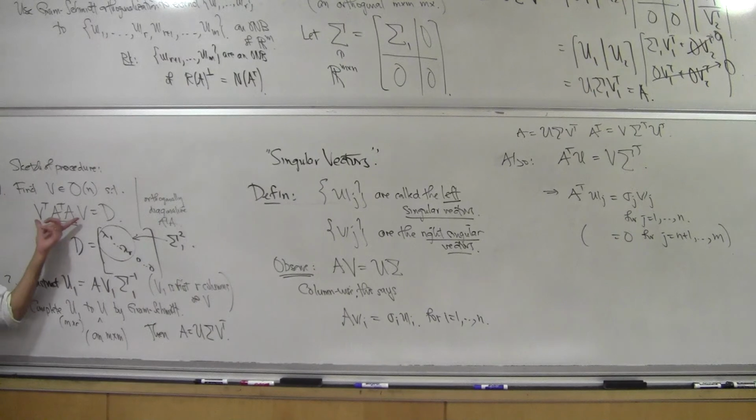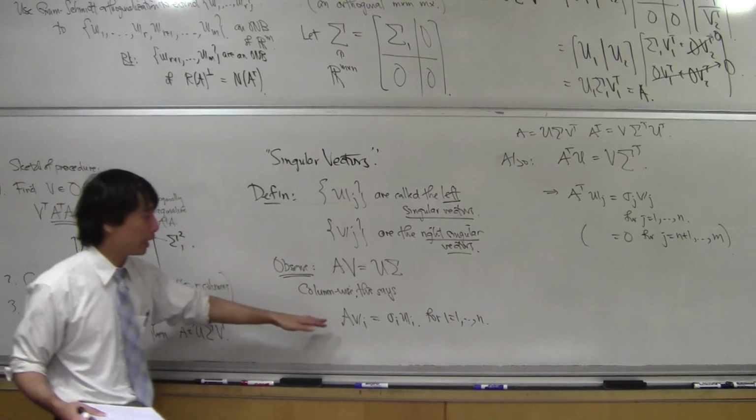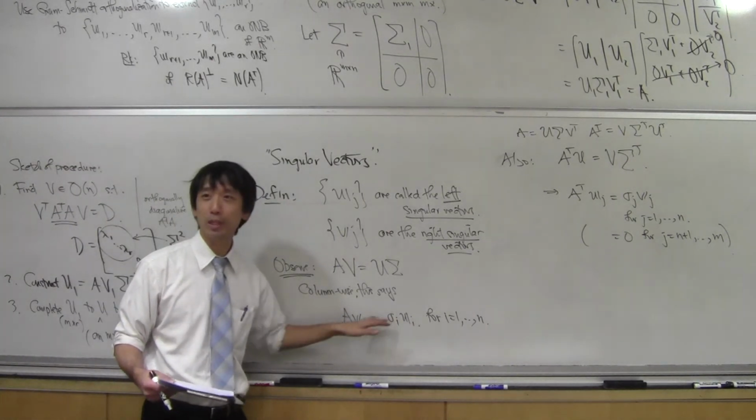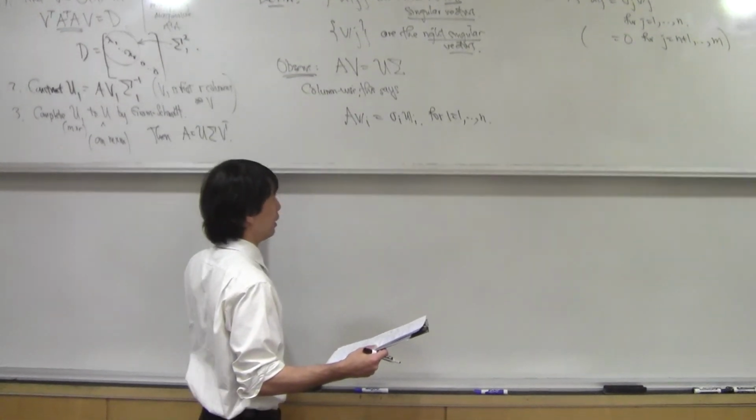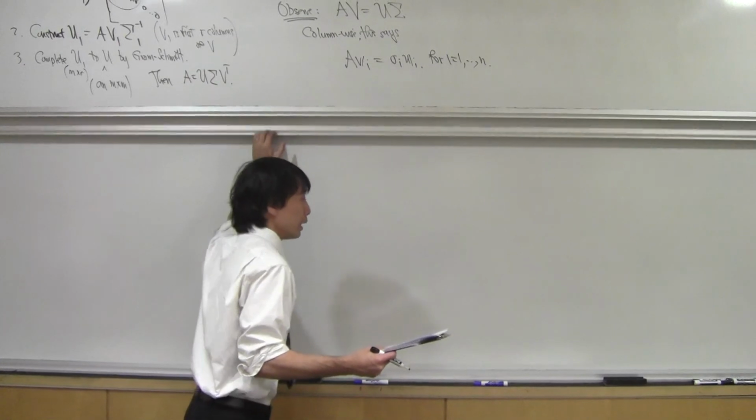So here, the first thing you do is you get the V, right? So you have the V's already, and you see that you can get the U's. You can get the U's from the V's.